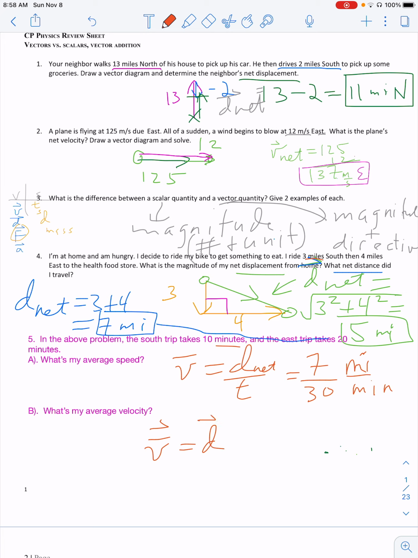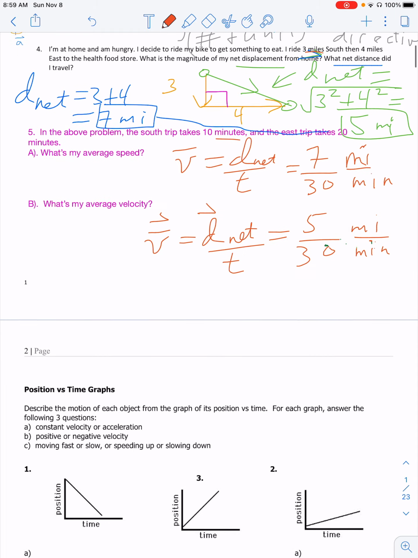It's the displacement over the time. The net displacement, which would be 5 over 30, which is 1/6 miles per minute. You can see that these are nowhere near the same numbers. Okay, I would calculate it out. You can do that part.